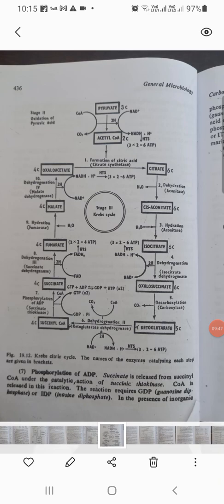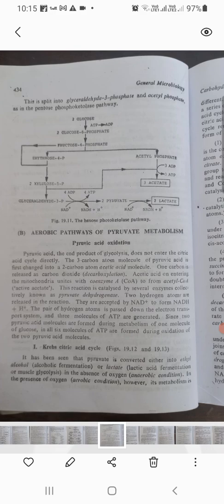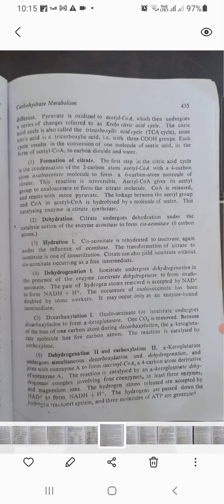Actually, all the ATPs are produced during the electron transport system, and NAD/NADH2 transformation or FAD/FADH2 transformation occurs here, giving you ATP generation. This is the citric acid cycle or tricarboxylic acid cycle or Krebs cycle. Also, oxidative phosphorylation or oxidative metabolism of pyruvate or pyruvate oxidation occurs in this Krebs cycle.